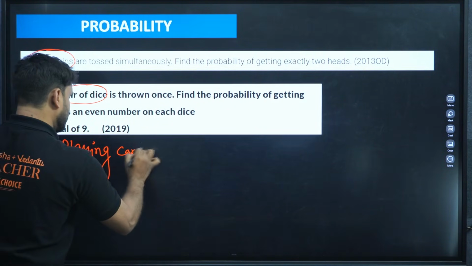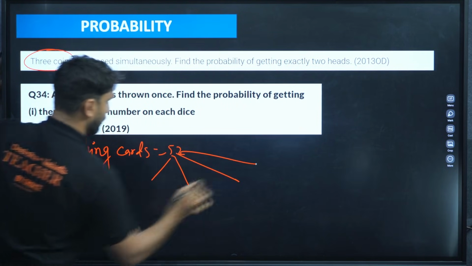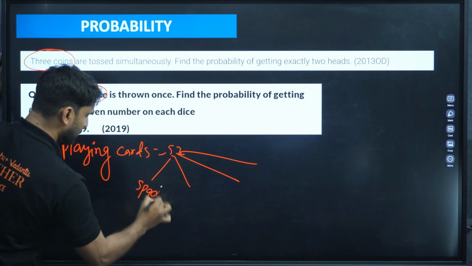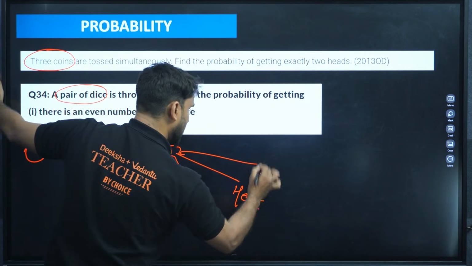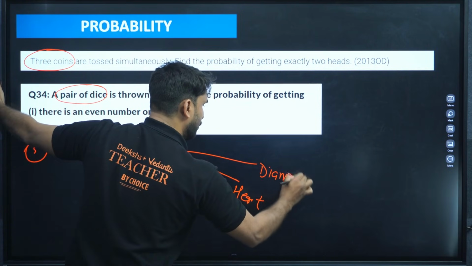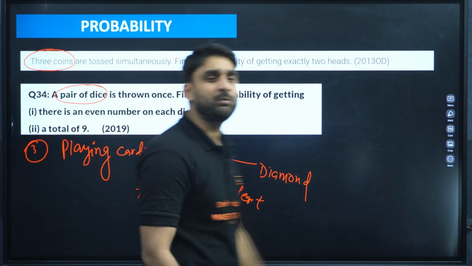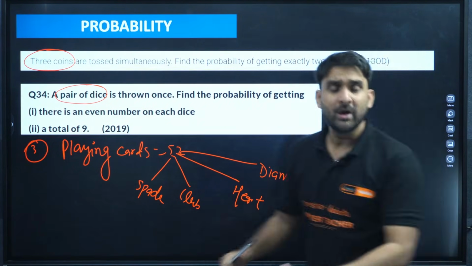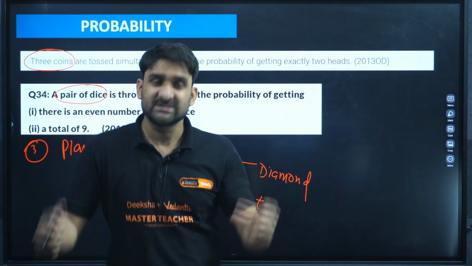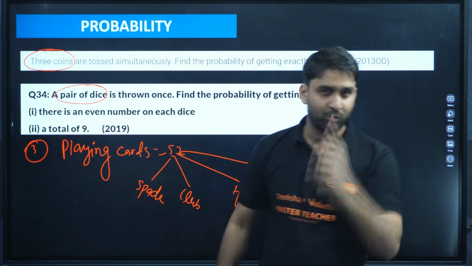In playing cards, you know, there are 52 cards in 4 categories: spade, club, heart and diamond. In boards, questions generally come from these portions: the 3 coin concept, the 2 dice concept when 2 dice are thrown simultaneously, and playing cards. Go and prepare these portions strongly, so that you can score almost 50 to 60 marks in your board exam.